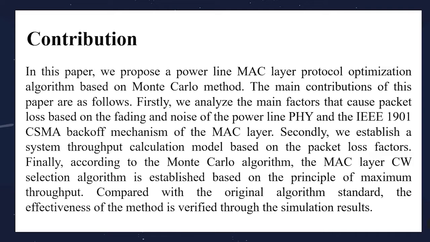Finally, according to the Monte Carlo algorithm, the MAC layer contention window selection algorithm is established based on the principle of maximum throughput. Compared with the original algorithm standard, the effectiveness of the method is verified through the simulation results.